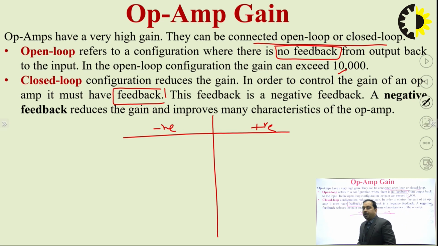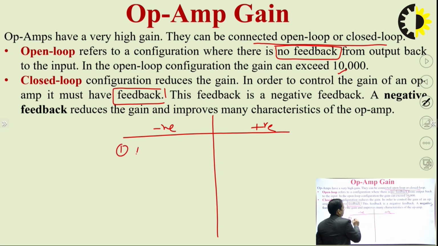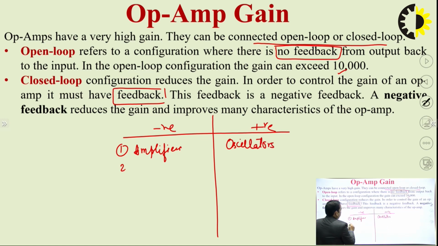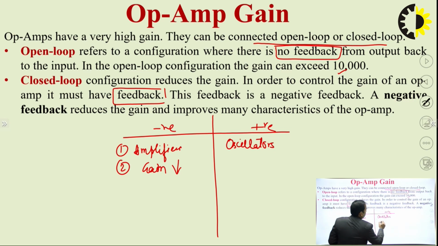The application of negative feedback is amplifiers, whereas the application of positive feedback is oscillators. Here the gain reduces. Here the gain further increases.